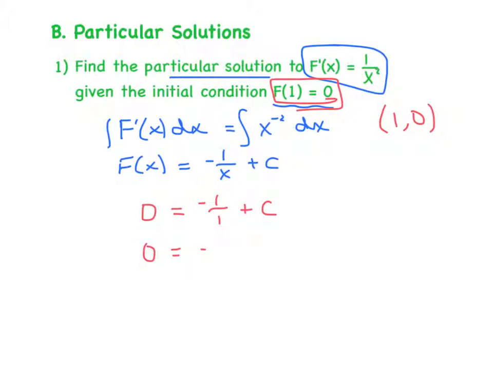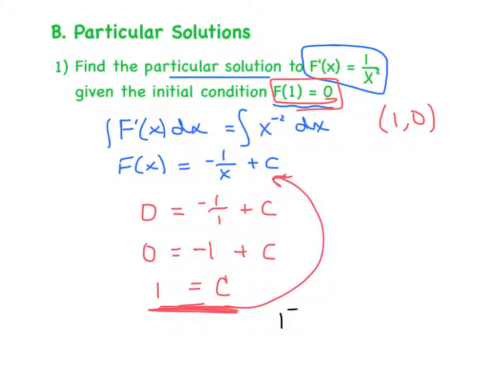So 0 is equal to negative 1 plus c. c is equal to 1. Now that I know my c value, I'm able to take it and plug it back in here so I have the actual particular solution. f of x is equal to negative 1 over x plus 1. That's the particular solution for this differential equation satisfying this initial condition. That is my answer.